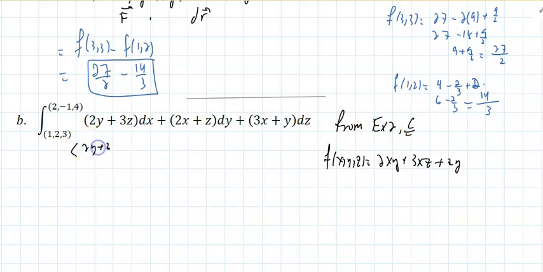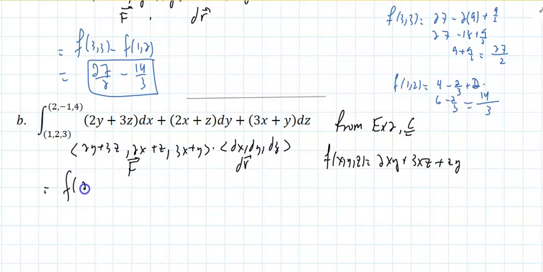And that is 2y plus 3z, 2x plus z, 3x plus y, dotted with dx, dy, dz, something you should always look at. That's my vector field, that's my dr. Well, this is going to be f of 2, negative 1, 4 minus f of 1, 2, 3.